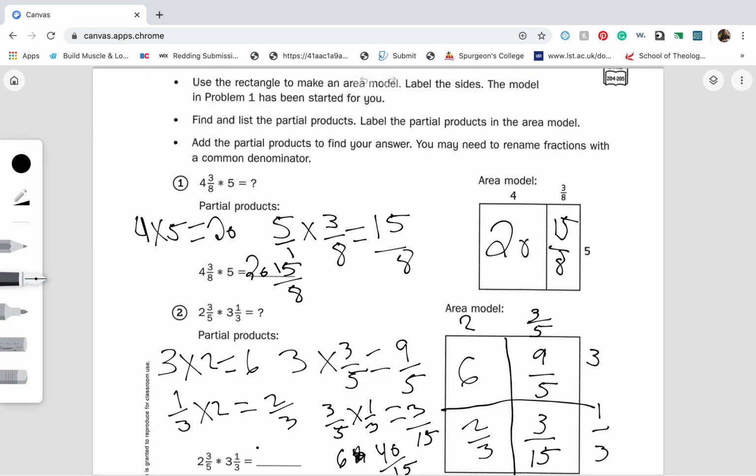So I know that 2 and 3/5 times 3 and 1/3 is 8 and 10 fifteenths. All right. The rest I want you to do all by yourselves, but I hope that you found this video helpful.